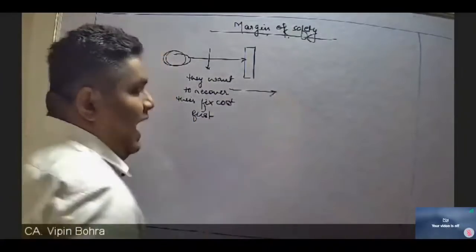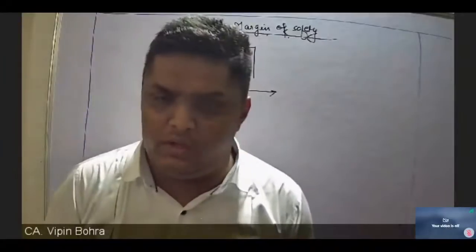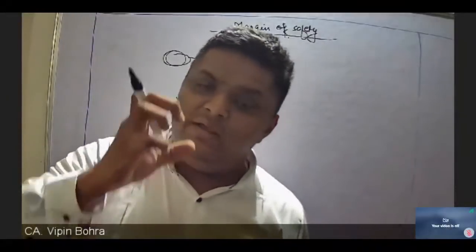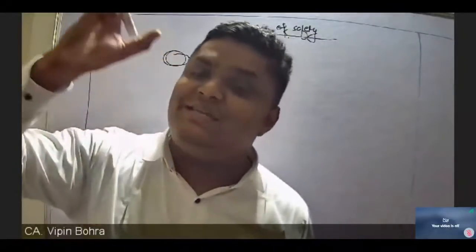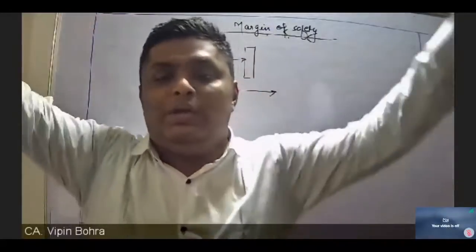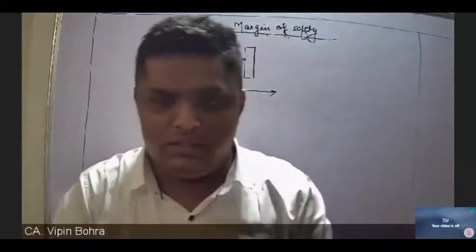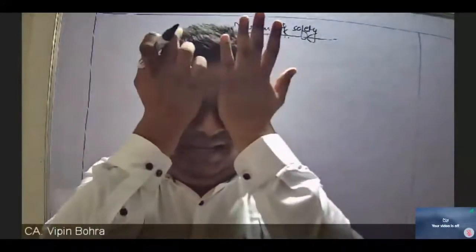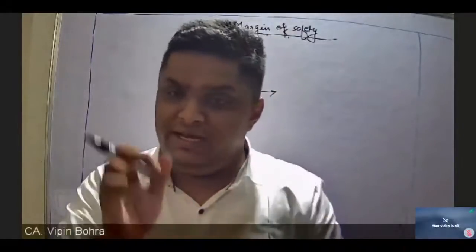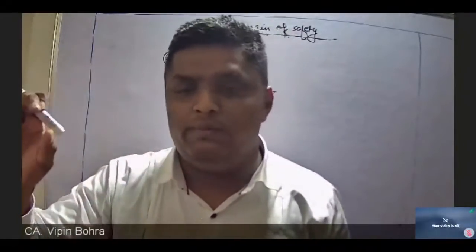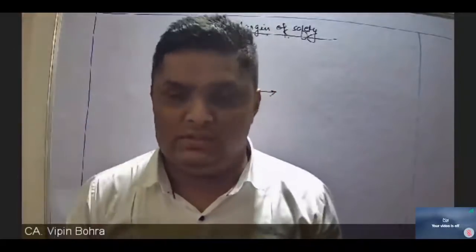After you recover fixed cost, the extra contribution we earn is what we call profit. I repeat again, sales minus variable cost is contribution. My first target is to earn that much contribution that I can recover my fixed cost.